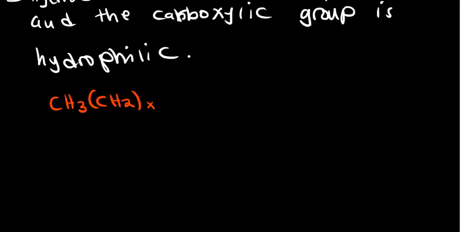Then we have now the head, which is the carboxylic group. So this is the general formula for a fatty acid. Since it has the head which is hydrophilic and the tail which is hydrophobic, we are going to call the fatty acid amphipathic.